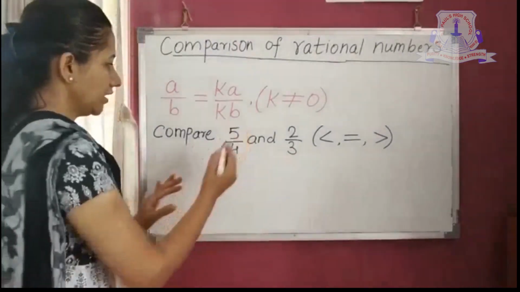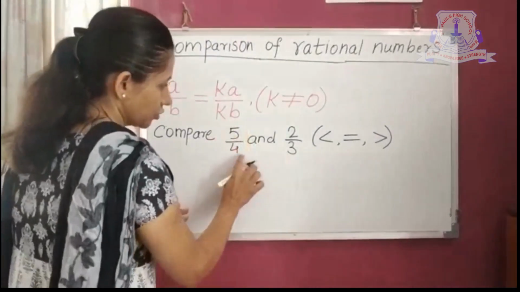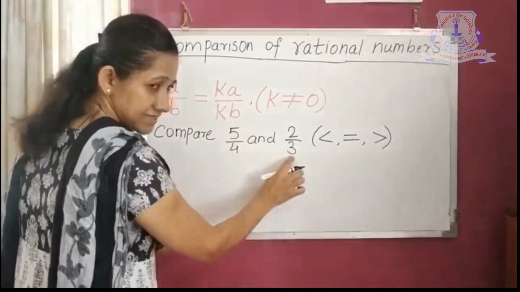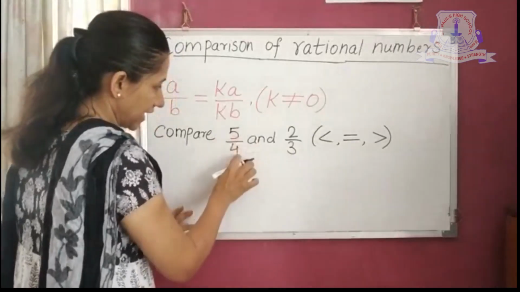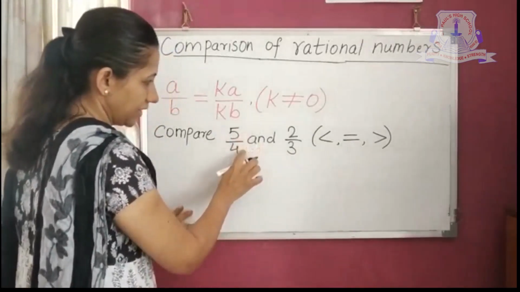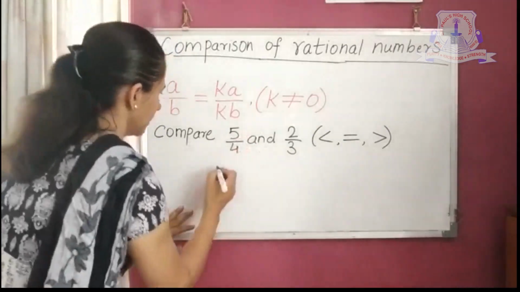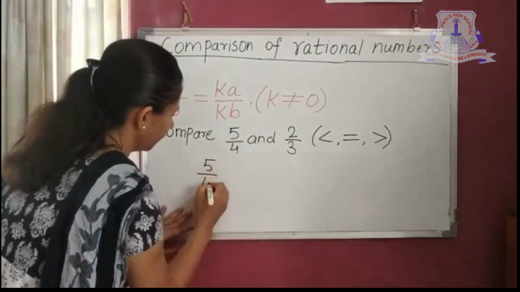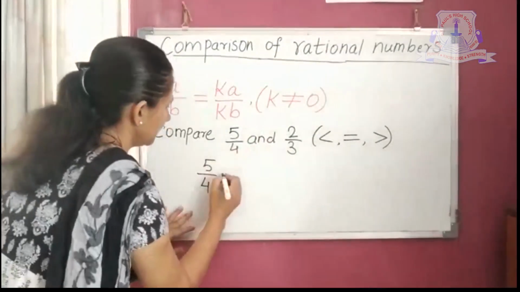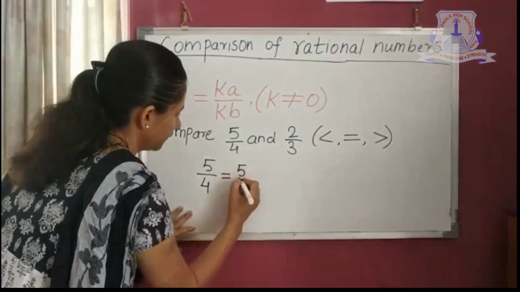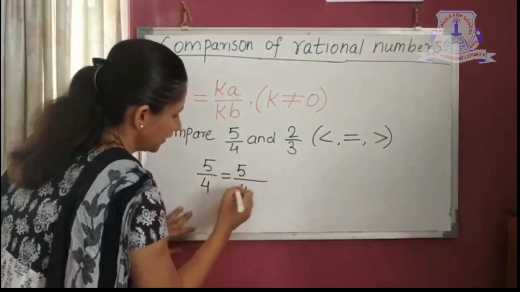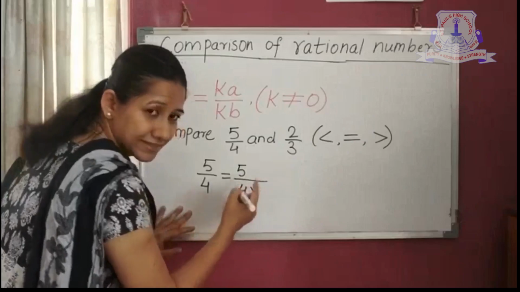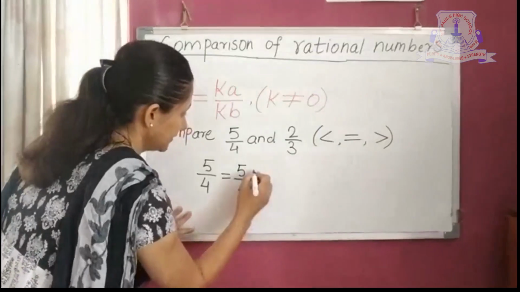Now here you have 5 upon 4. To equalize the denominators, we have to multiply this fraction, both numerator and denominator, by 3. Here I said we will be multiplying this fraction by constant 3.